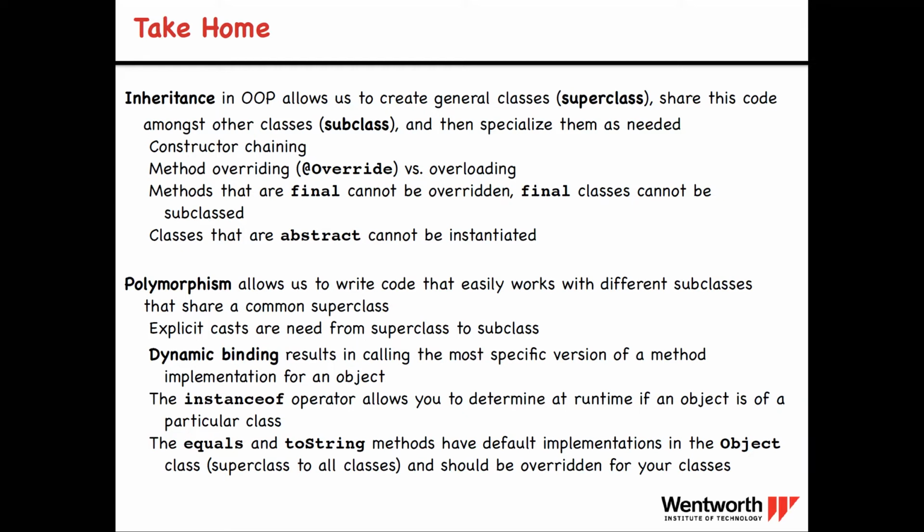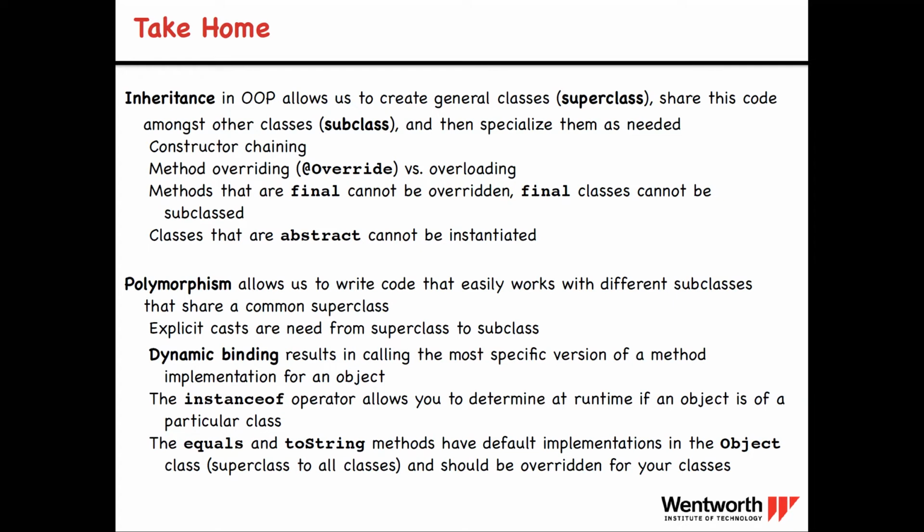Polymorphism lets us write code that works with different subclasses that share some common superclass. And you need explicit casts when going from superclasses to subclasses. Dynamic binding means that you're going to call the most specific version of a method first before moving up the inheritance chain to find a different version. The instance of operator allows you to determine at runtime if an object is of a particular class.